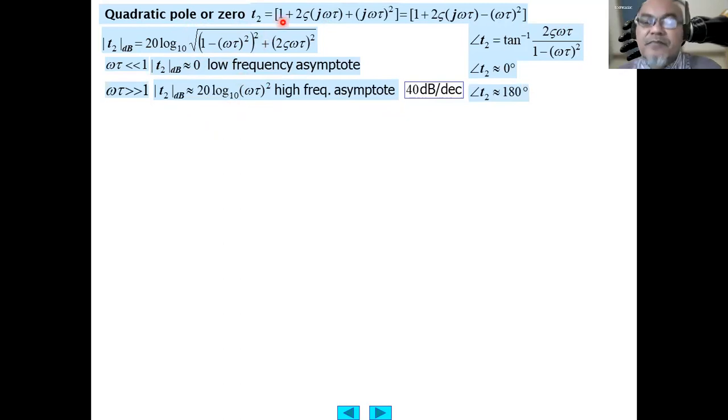The phase angle, on the other hand: if omega tau is much larger than 1, this is negligible.